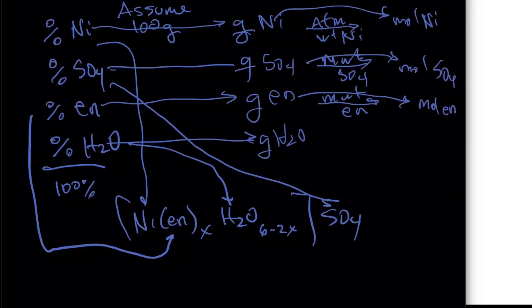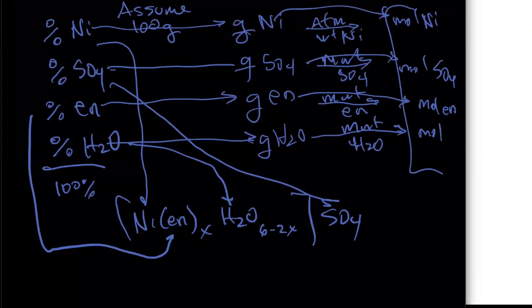And you use the molecular weight of water to convert their grams to moles. And these moles are not the same as the moles that you previously had, because the moles from what you previously had was based on a certain mass. These moles are based on a 100 gram sample.